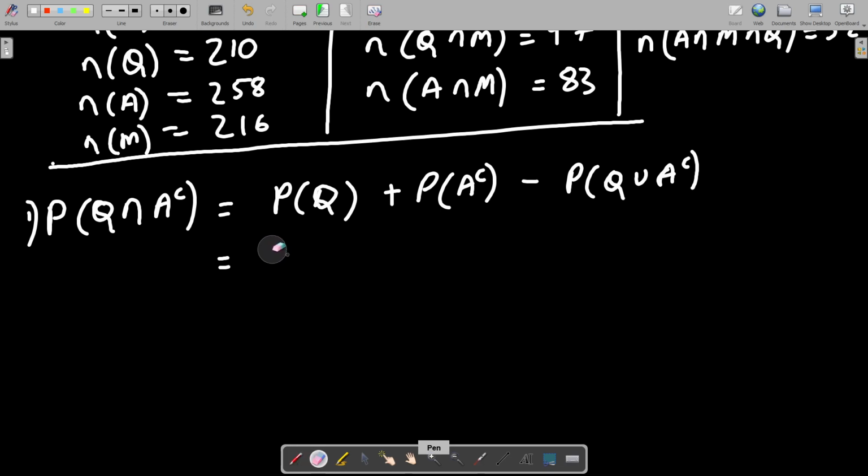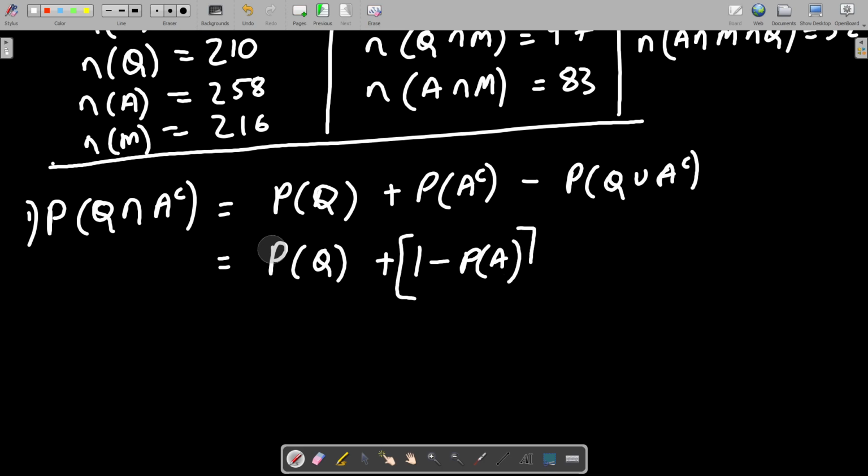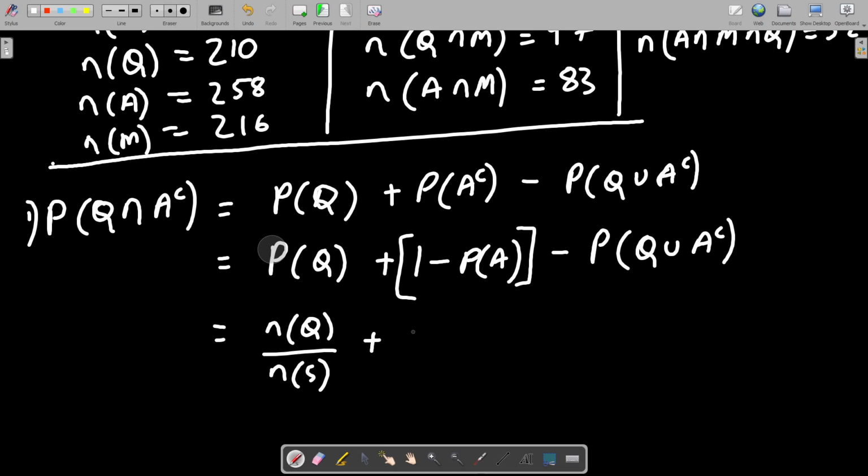This is probability of Q, so this will be the number of people in Q upon the number of people in the full sample space.